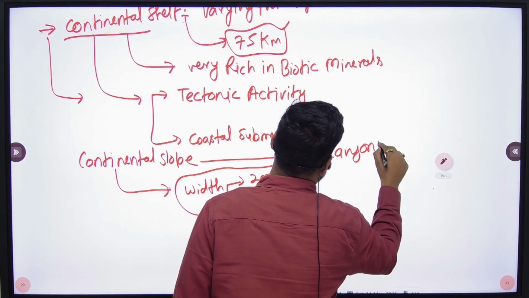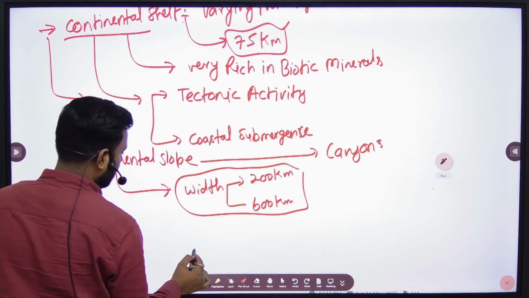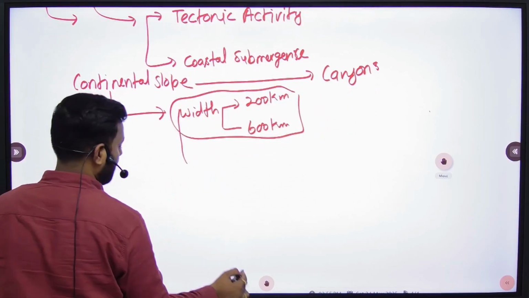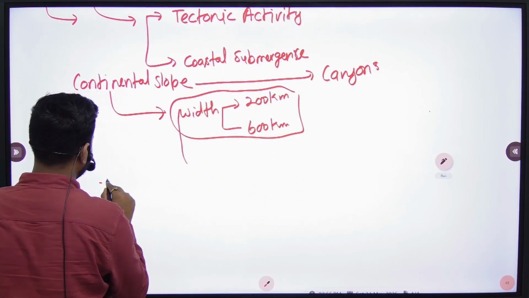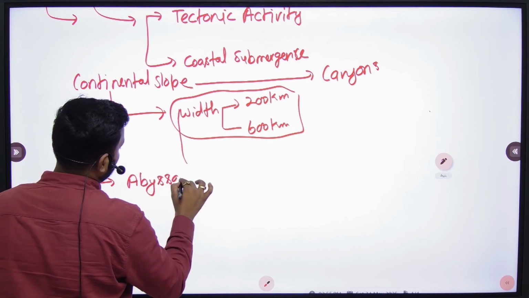You have to mention some of the names, and then you just simply put it down. You have to simply put down the abyssal plain or the deep ocean plain.